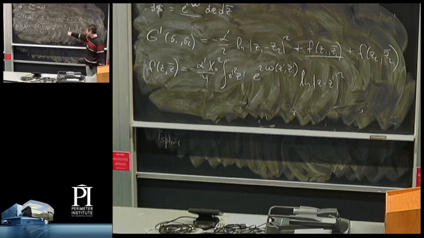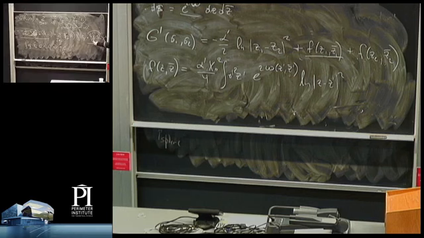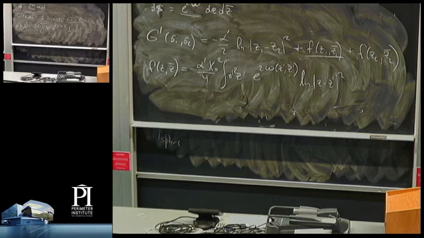So you act with the Laplacian on the log and you get the delta function. This delta function will kill the integral and pick up omega at the insertion, which is exactly what would be here once you factor in the square root of g. x naught squared will be multiplied by e to the Weyl factor at the insertion point.